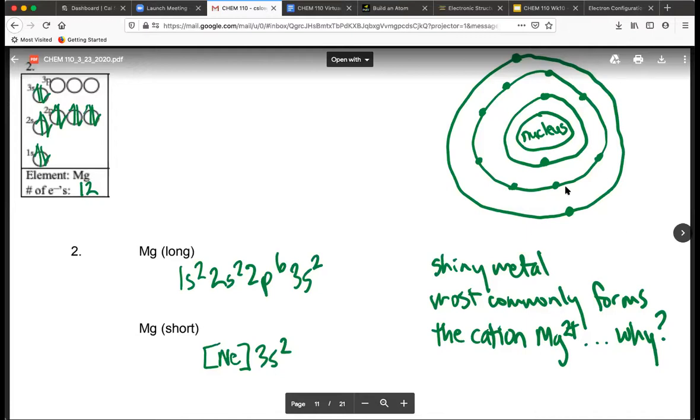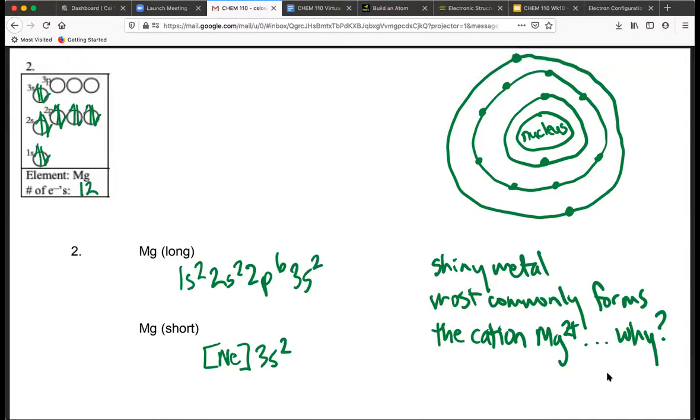So Alec and AJ were both right. Each arrow represents 1 electron. And so if you're trying to make sense of, right, which electrons go where, you're always doing one electron at a time, right? So 1 electron, 2 electron, 3 electron, 4 electron, all the way up to 12 electrons.